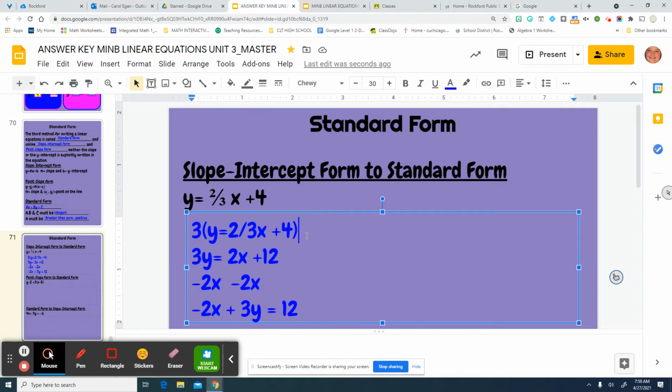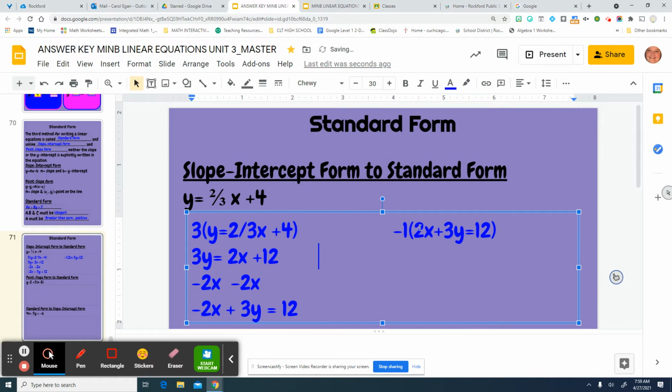So now I'm going to multiply the whole thing by negative 1. And remember, the golden rule states that if you do something to one side, as long as you do it to the other side, then you're good. So by multiplying everything by negative 1, we're good.